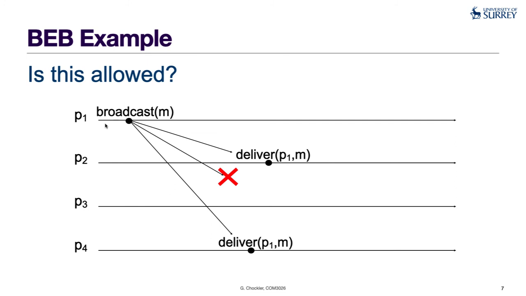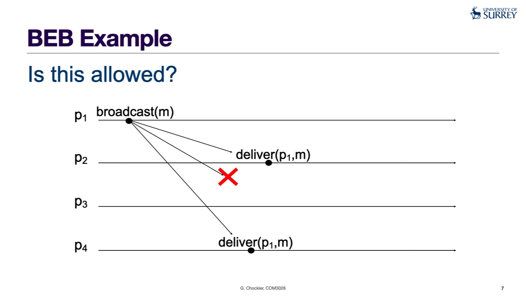P1 broadcasts message M and P1 is correct, and then P2 delivers M and P4 delivers M, but P3 does not deliver M, and actually P1 also does not deliver M. The question is if this behavior is allowed by the BEB specification.